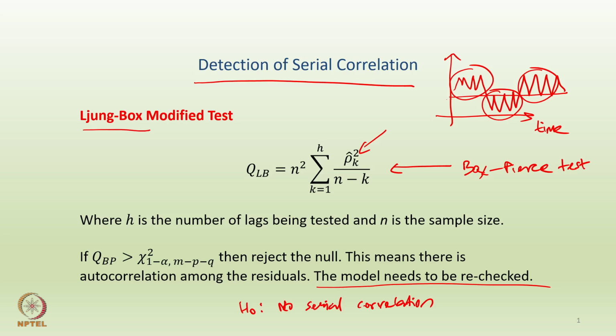So you fit the model using some technique, then you get hold of the residuals, which is nothing but y minus y hat, and then all these diagnostic checking entities are applied on the residuals of the fit.